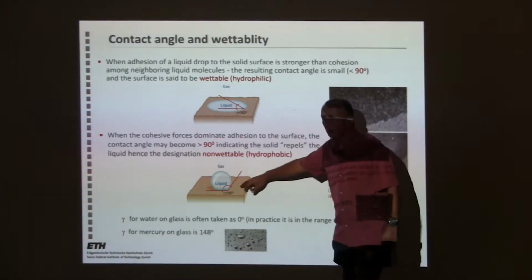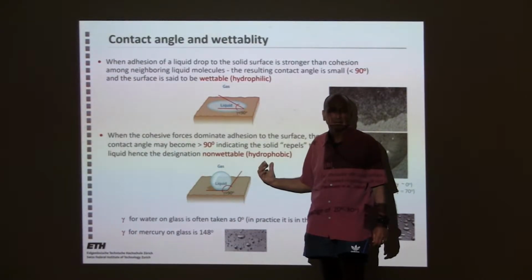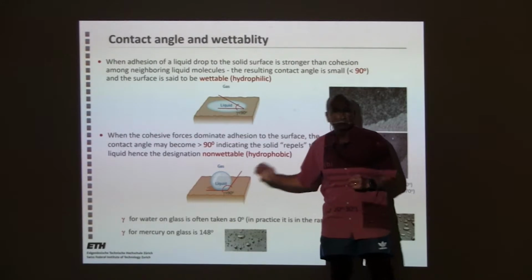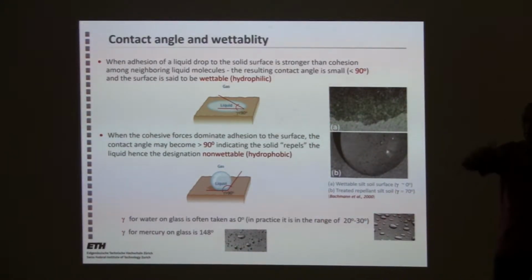Then we say that the surface is non-wettable, or in the case of water, hydrophobic. So when you hear hydrophobic and hydrophilic, think of this wettability phenomenon. Again, it involves not only the properties of the liquid, but also the interaction between the liquid and the solid.